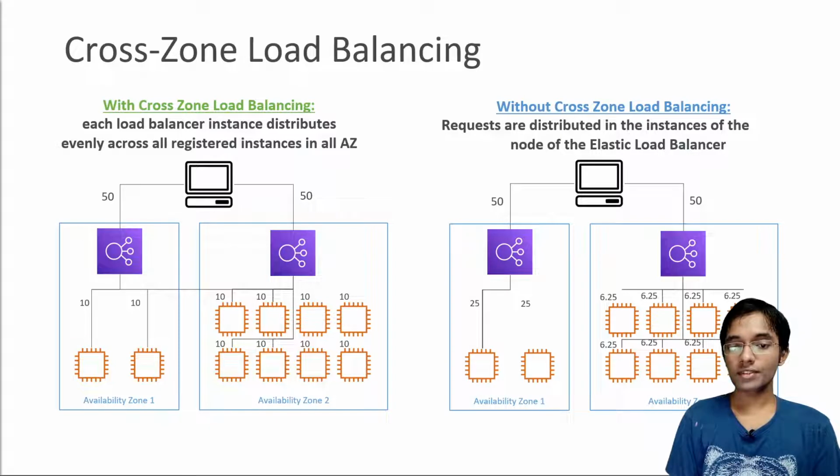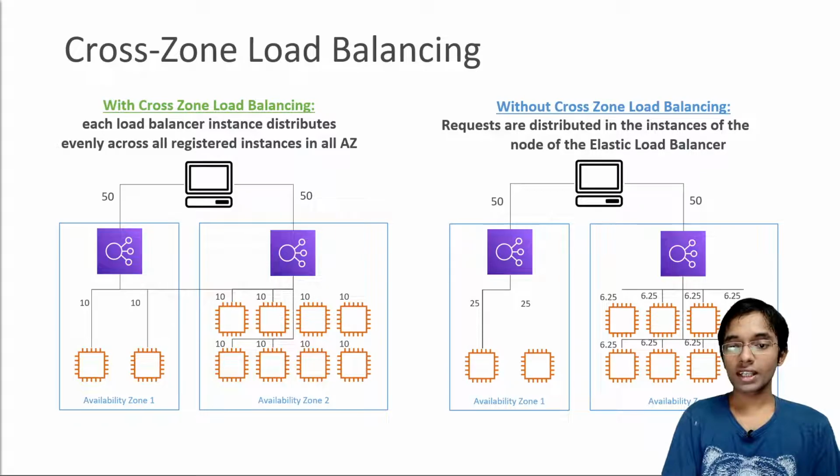So in this example, we are distributing the traffic evenly across all EC2 instances. That may be something you want to have or not, depending on the requirement, but at least this behavior is available to you to deploy.